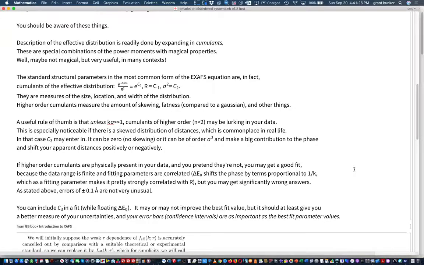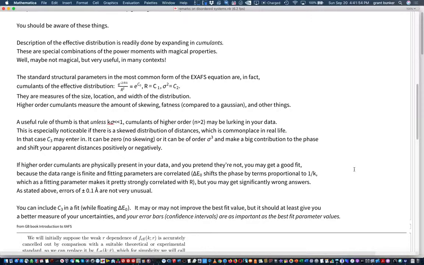So the approach that I took back in that paper in '83 was to expand in terms of cumulants. Originally, I was working it out in terms of power moments because I knew that there was something wrong with the usual description and I wanted to generalize it. Then I talked to John Rehr, and he pointed out the existence of these things called cumulants, which are very wonderful, useful statistical descriptors of distributions.